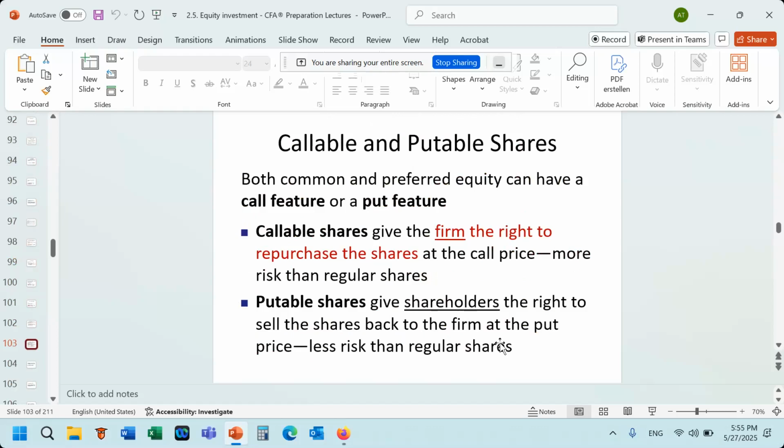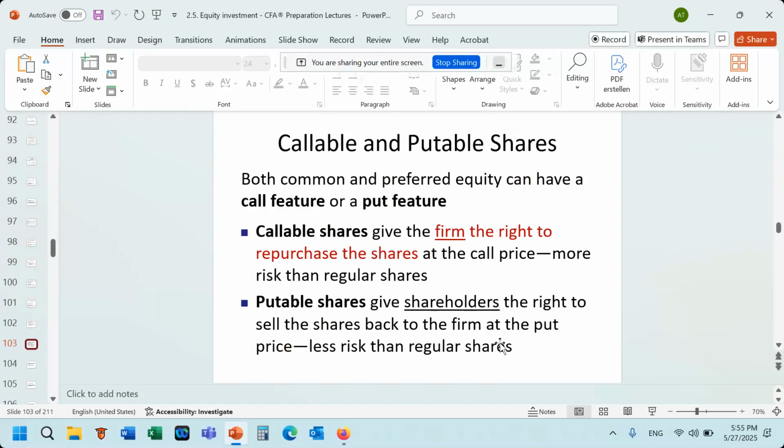And if the company retains this option, you lose the value of this option, or when the stock becomes very valuable, the company can purchase it and you don't participate in additional growth. So this makes the stock cheaper. Putable shares are more expensive. And this means that the company says that the value of your share will never go lower than a certain amount. And when it gets to there, you can sell the share to the company.